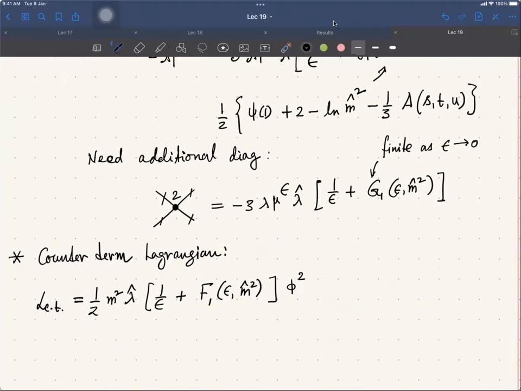And we must also multiply by 1 over factorial 4, which is the symmetry factor for phi to the power 4. So this is 3 lambda mu to the power epsilon lambda hat times 1 over epsilon plus G1, times phi to the power 4.